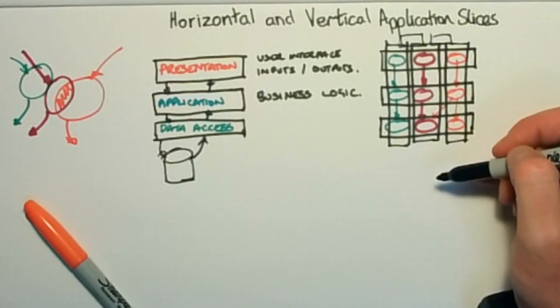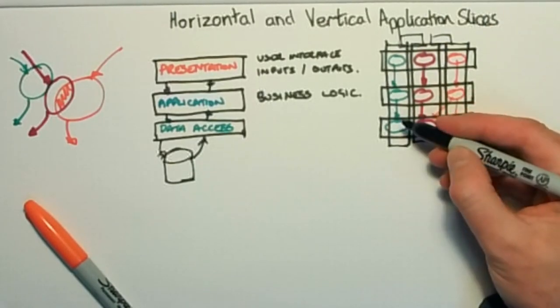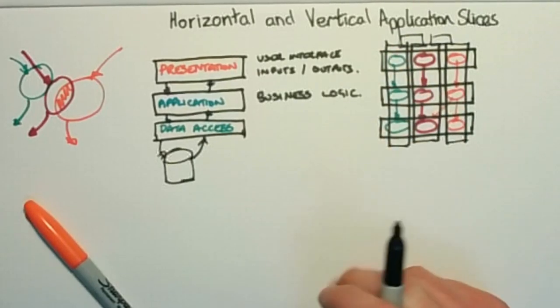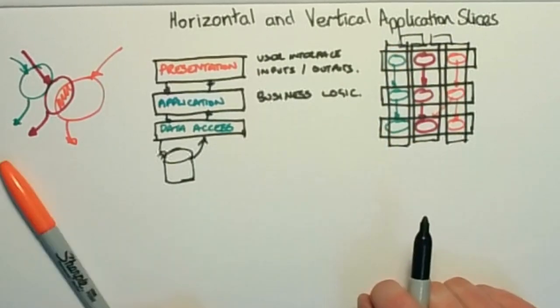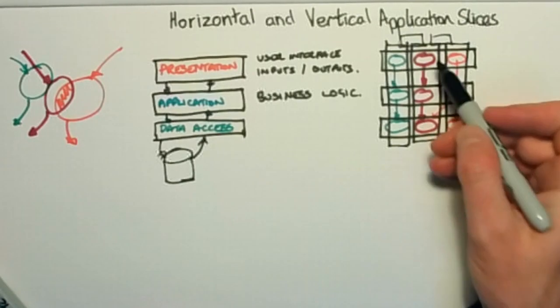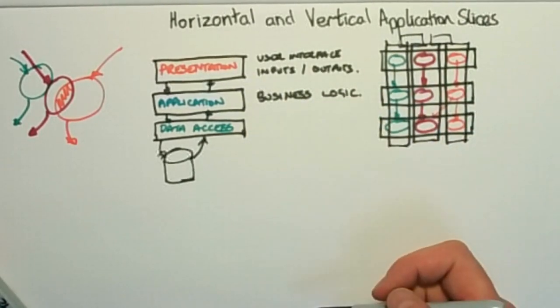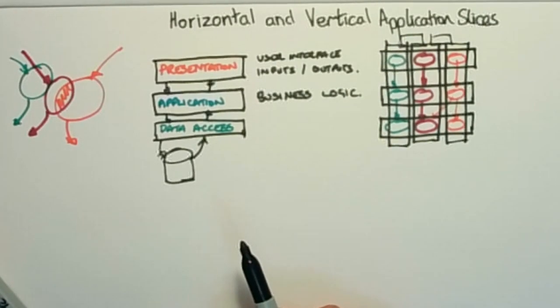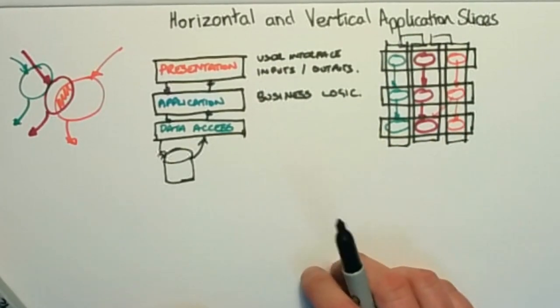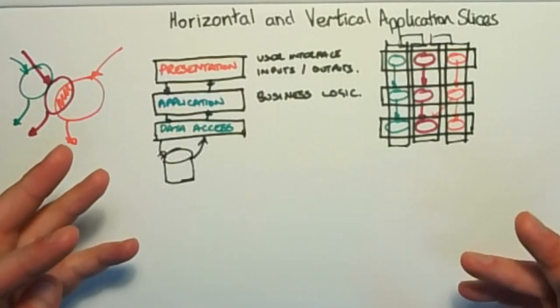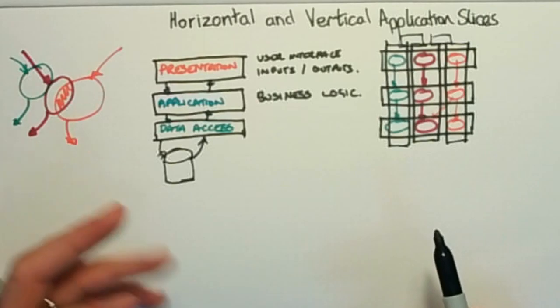And that is essentially what a vertical application slice is. One set of components that delivers one piece of functionality through each of the presentation, application, and data access layers. I hope that helps. It's very simplistic, and there's a lot more to this when you start looking at other application architectures and ways that you can improve this.